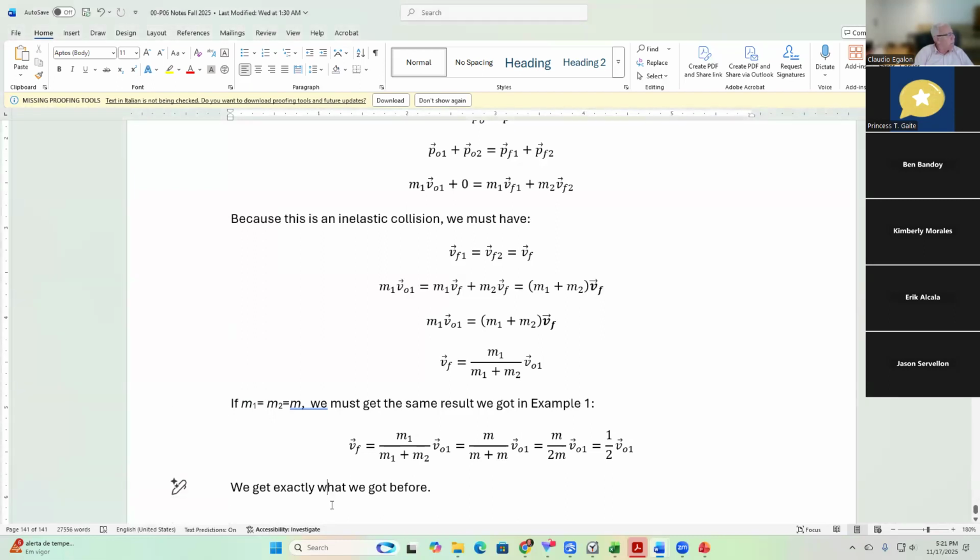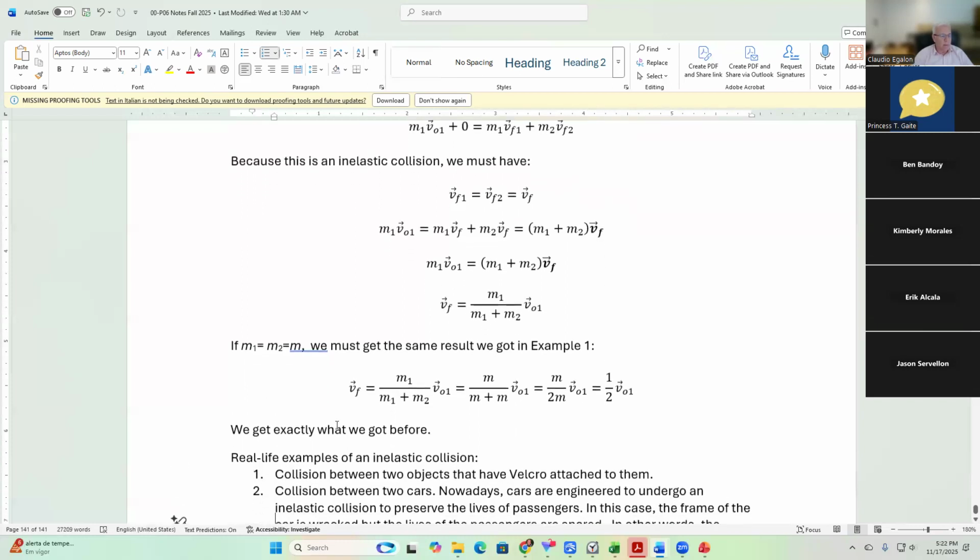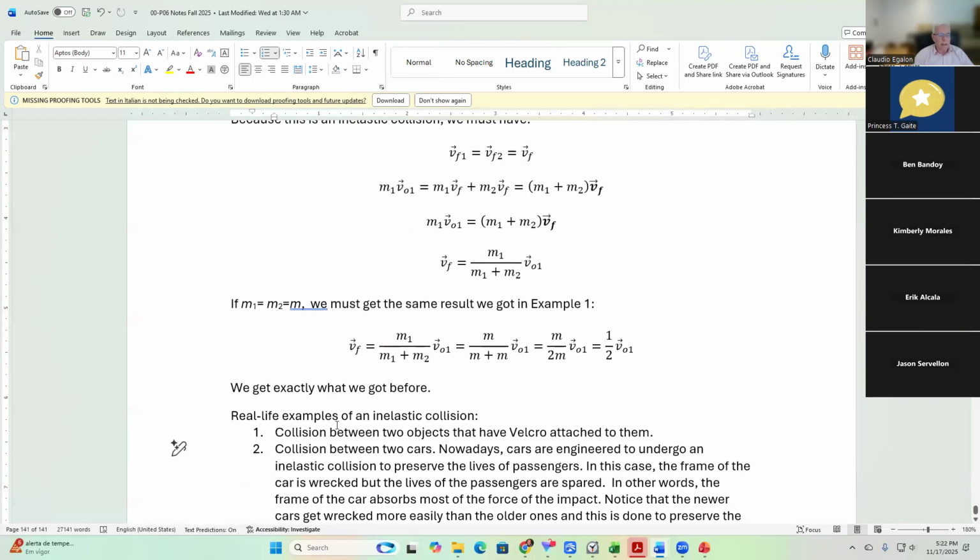Real life examples of inelastic collision. Collision between two objects that have Velcro attached to them. You already know that. And the collision between two cars, okay? Nowadays, cars are engineered to undergo an inelastic collision to preserve the lives of passengers.